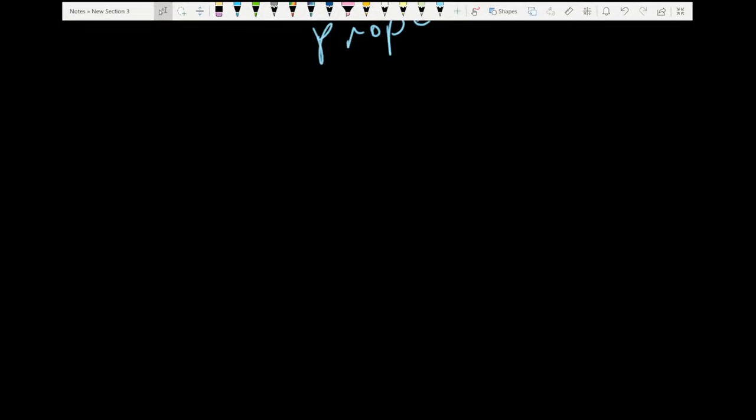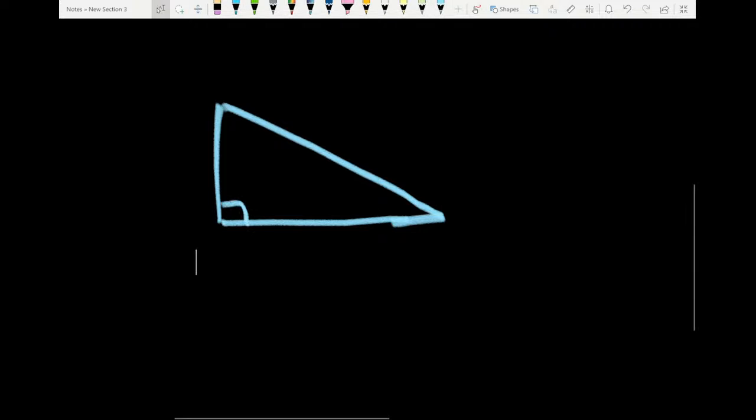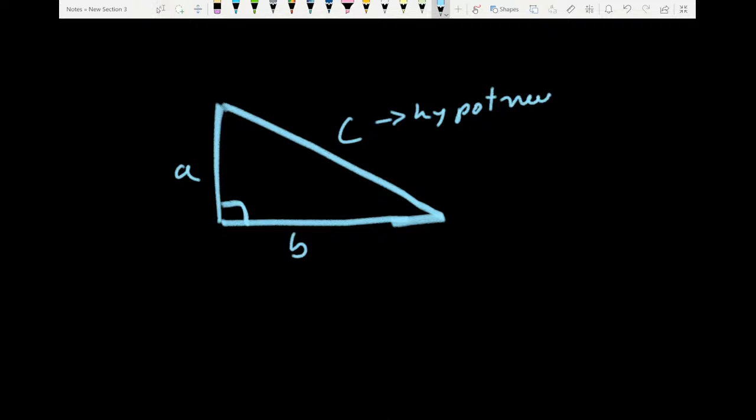One of the things we'll look at, and you already know that, given this right triangle, you have A, B, C. This is your hypotenuse, and these are your legs.